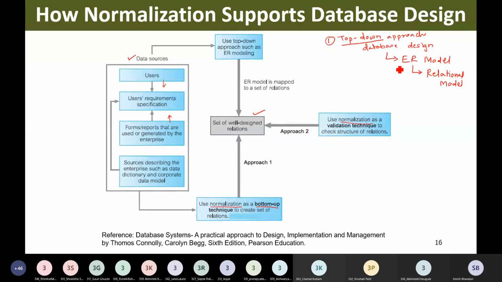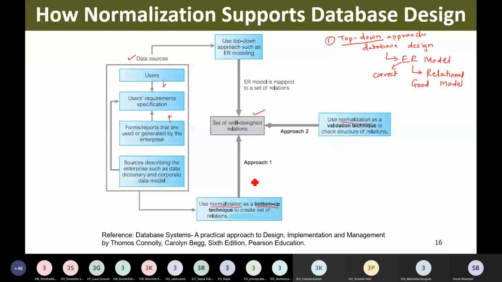Now, no doubt, if we have a correct ER model, we come up with a good relational model. But still, there is scope to validate our database design by making use of the normalization process. So this is how normalization supports good database design.